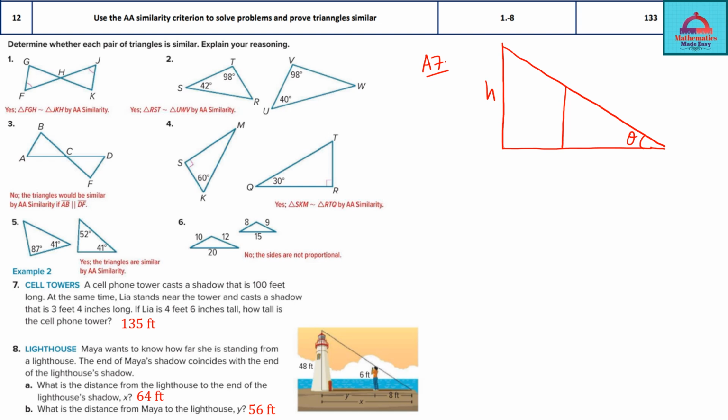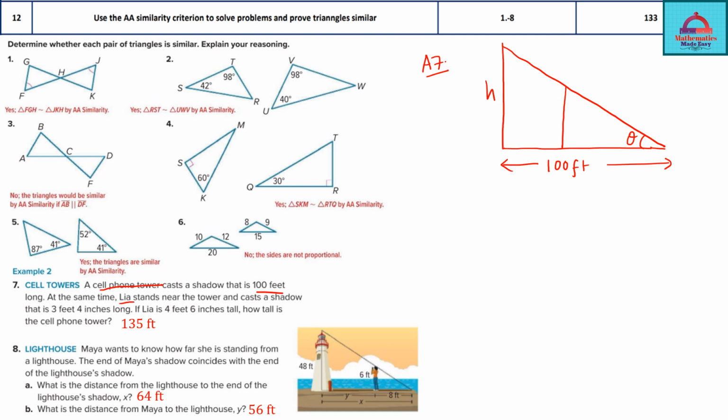It is unknown, but what is given to you in the question is that the shadow of the cell phone tower is 100 feet. That means 100 feet is the length of this shadow. Okay, so this length is 100 feet. Okay, and then what else is given?